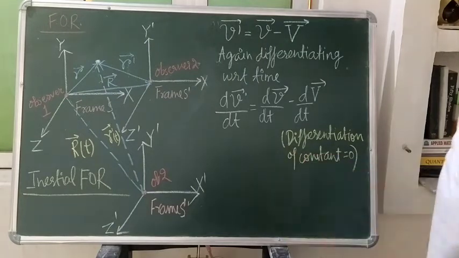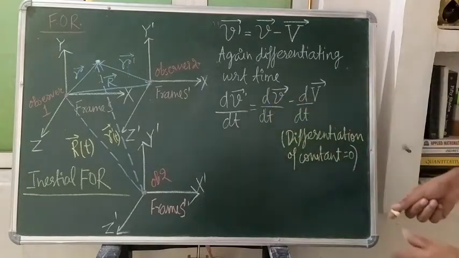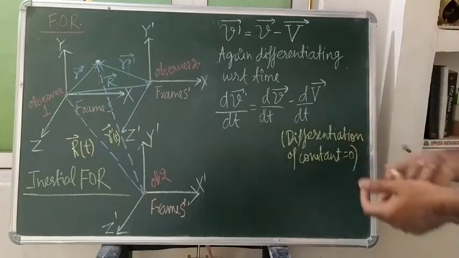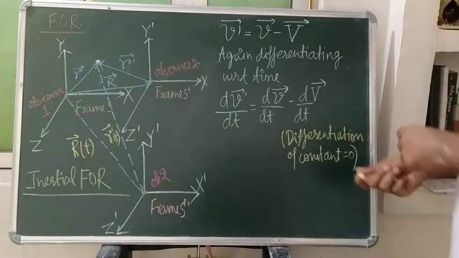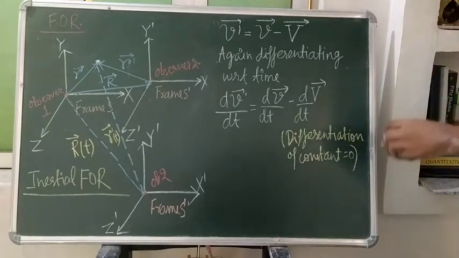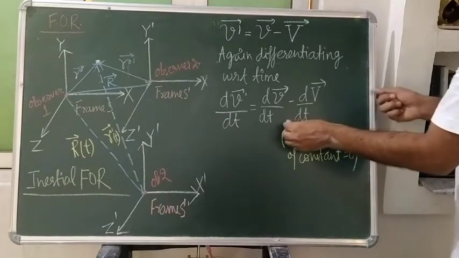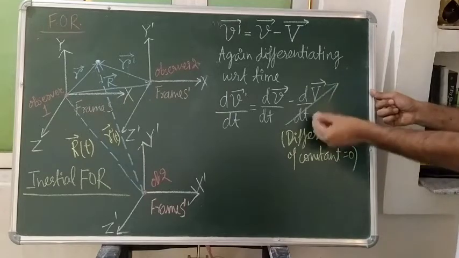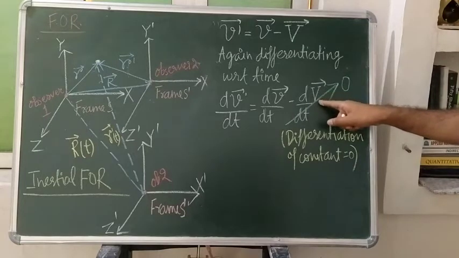In this chapter, if you are differentiating some constant, like 5, 10, 50, 500, the result will be equal to 0. Applying this here, the derivative of capital V vector with respect to time will become 0, since our velocity is constant.